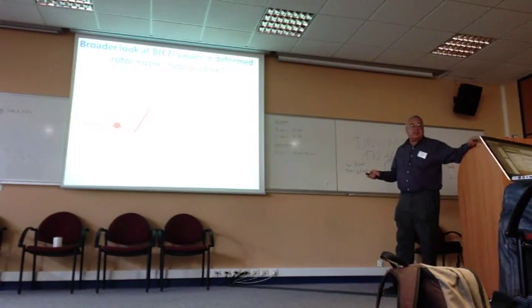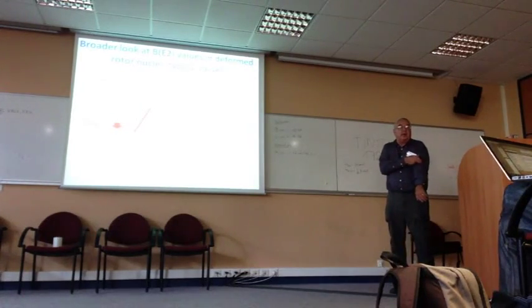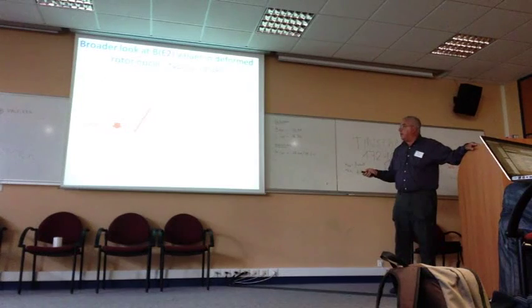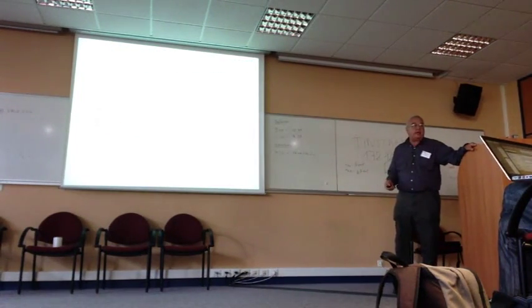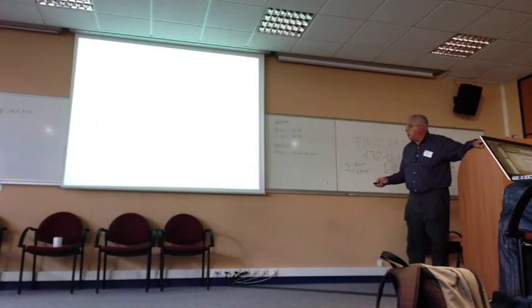Okay, and so as we expected from the previous slide, these BE2 values are larger than these, they're more collective. And in fact, the gamma band behaves very regularly. Here's the actual data on those BE2 values. So here is the first 2 plus to 0 plus, that's the lowest transition in the nucleus. Very regular, typically about 200 Weisskopf units.